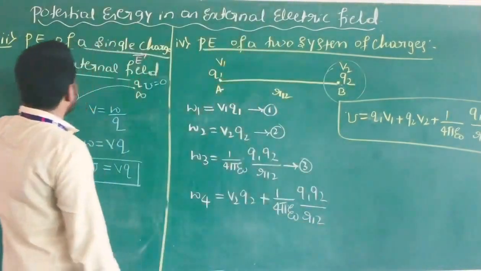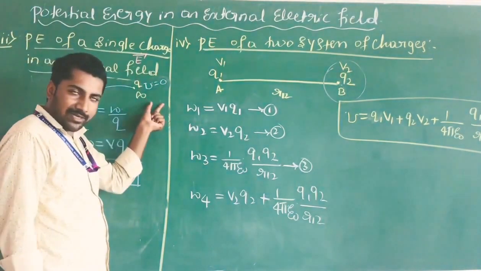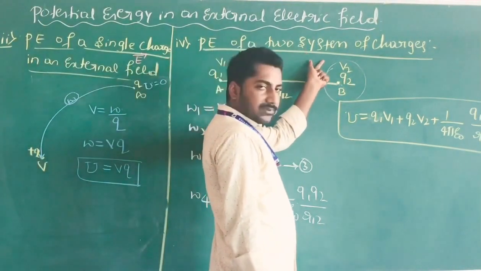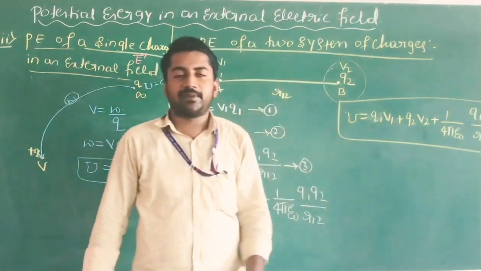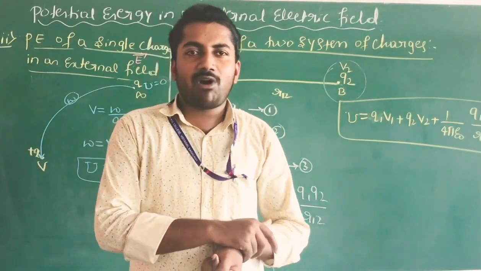In the third case, potential energy of a single charge in an external electric field. In the fourth case, potential energy of a system of 2-point charges in the presence of external electric field. This is about electric potential energy due to the system of point charges.